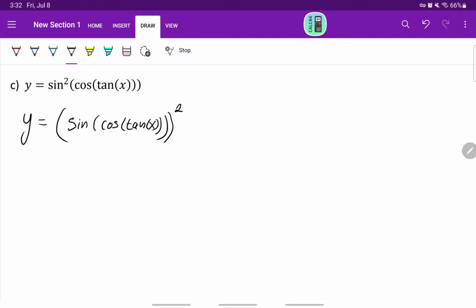No derivative. I just rewrote it. And now because I see I have one function inside of another, inside of another, inside of another, I'm going to color code that. Y is going to equal, on the outside, we're going to put red. And all that is being squared because that is the outer function.